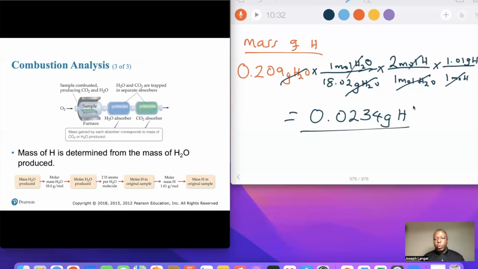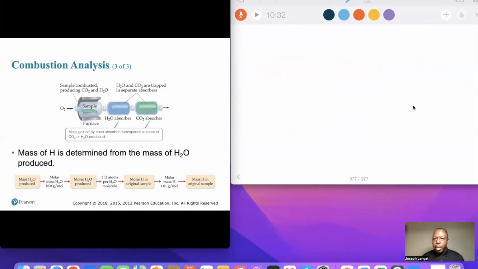Lastly, since we cannot use this dimensional analysis approach to find the number of grams of oxygen, we have to use the original mass to determine the mass of oxygen.